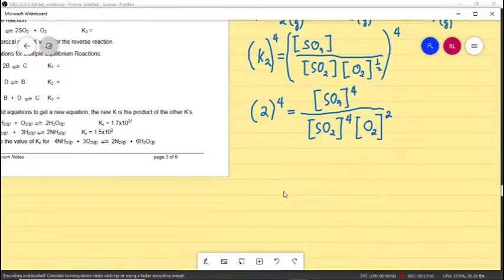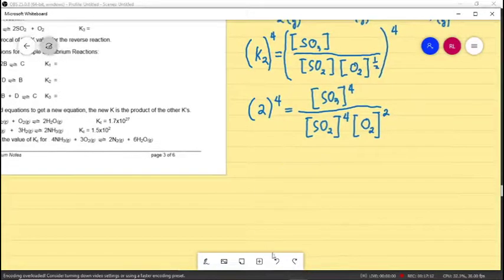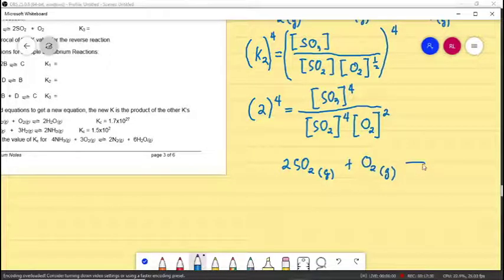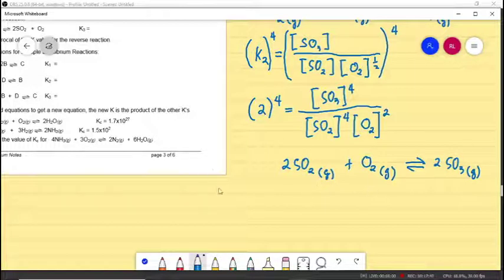We have equation 1 is, we have 2 moles of sulfur dioxide plus 1 mole of oxygen gas to form 2 moles of sulfur trioxide. So what if you multiply this by, no, not multiply, what if you divide this by 2? What about if you divide this by 2?